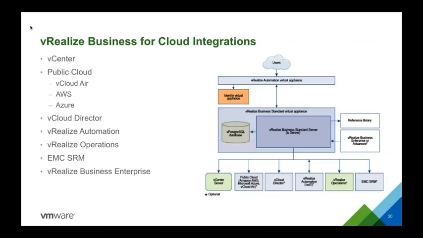But it also connects into public cloud technologies, so for example VMware's vCloud Air, Amazon's AWS and Microsoft's Azure, and obviously for those you'll need to provide credentials for it to connect into your Amazon AWS or your Microsoft Azure.